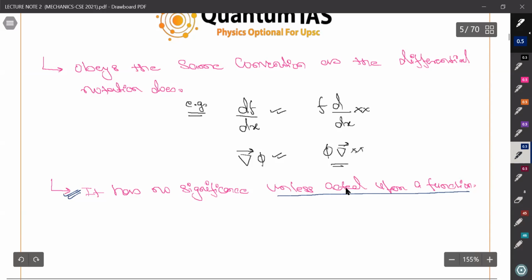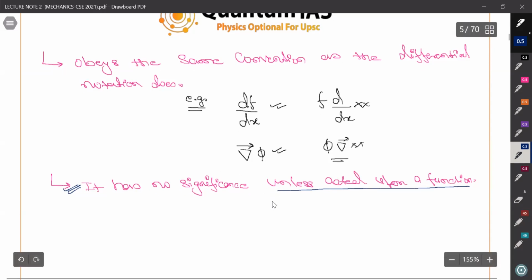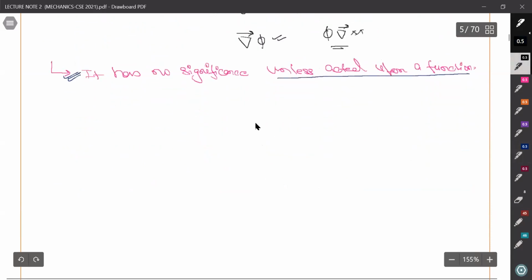So we are going to discuss some of the ordinary results that we see in vectors. For example, let me draw a line. If we have an ordinary vector, it has some vector property, but del is not a vector.